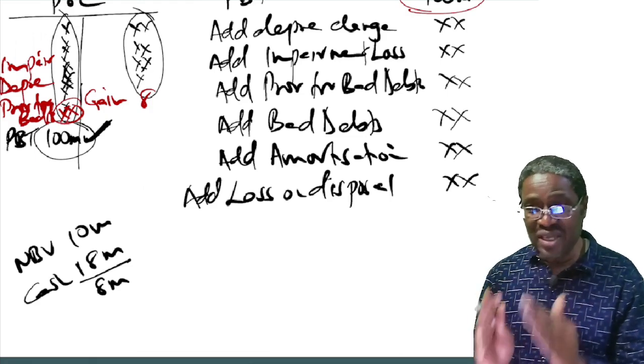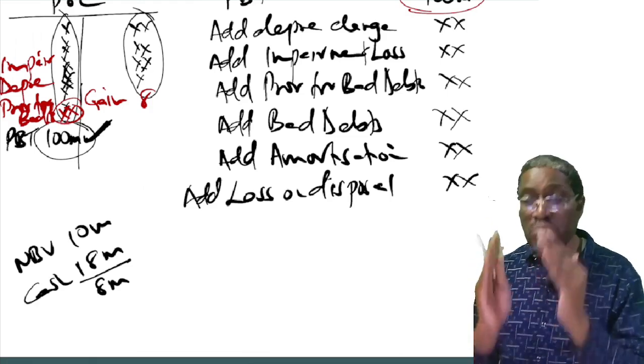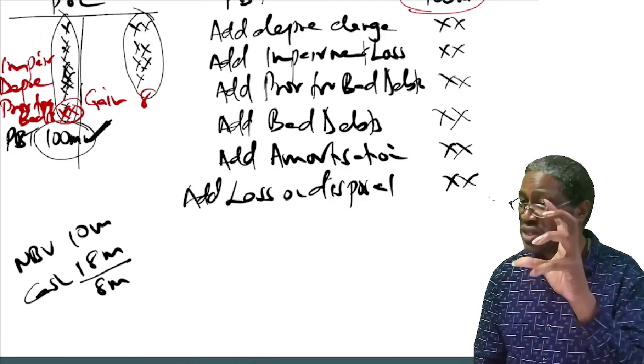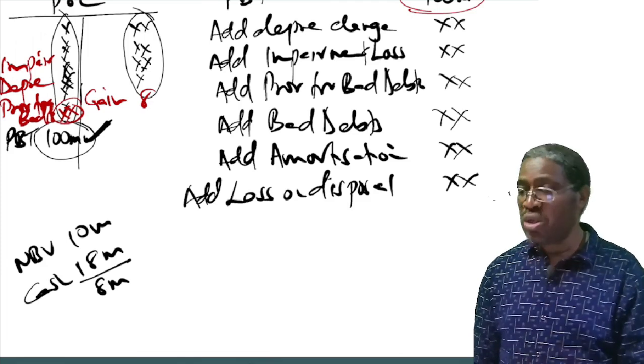What effect did the 8 million have? It made our profit more than it should be as far as cash flows are concerned.